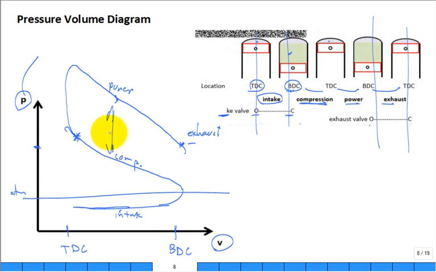This is a visual image of the work you get out. The way I'm sketching it, the pressure during the power stroke is a lot higher. Anyway, this pressure at the end of the power stroke is still significantly above atmospheric pressure. And as that exhaust valve cracks open, we now know why we have mufflers.